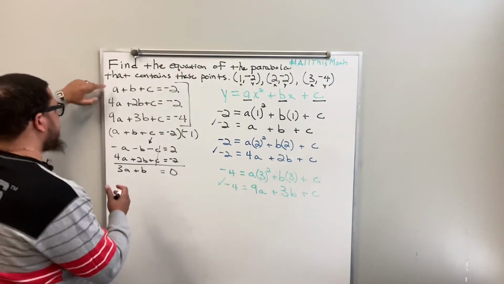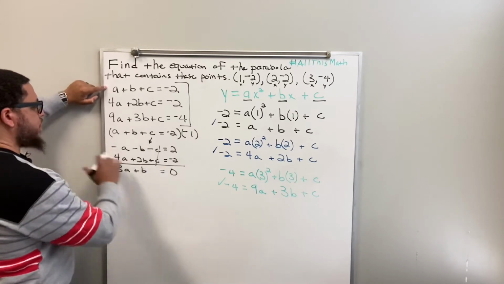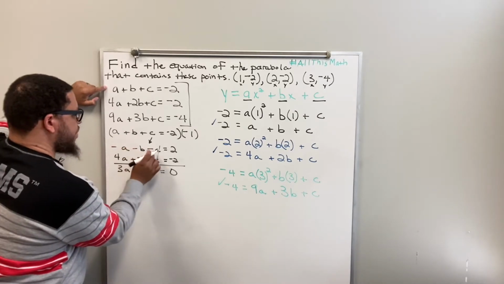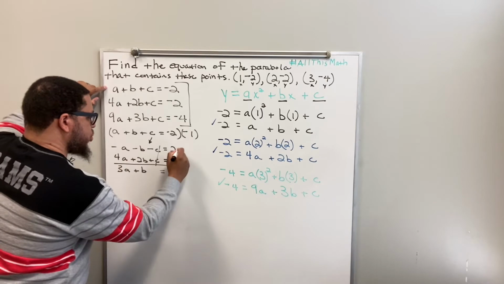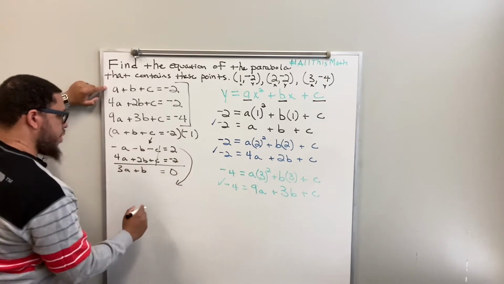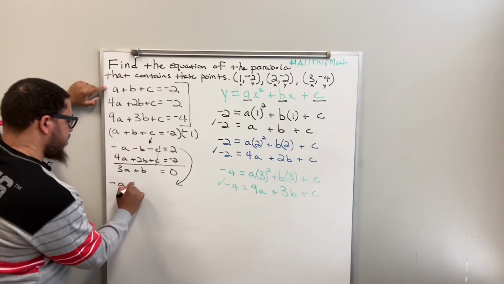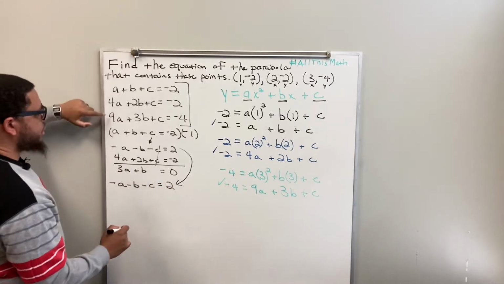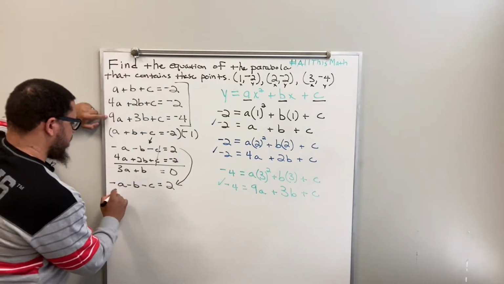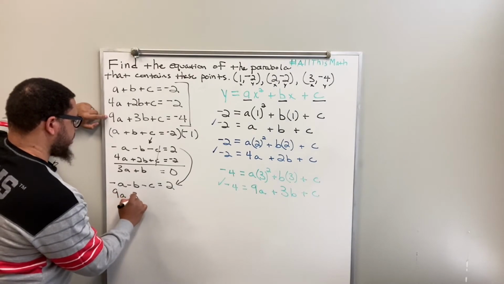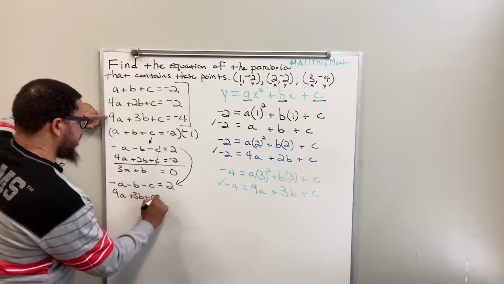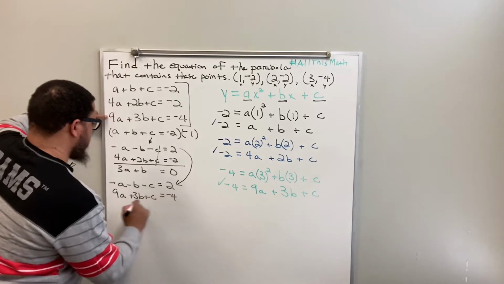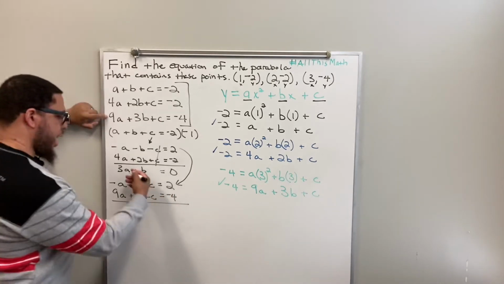So I got this first equation, which I already changed around so I could get my -C. So I'm going to use this one again. I got -A minus B minus C equals 2. But I'm going to match it up with the third equation, 9A plus 3B plus C equals -4. And now I add them together.